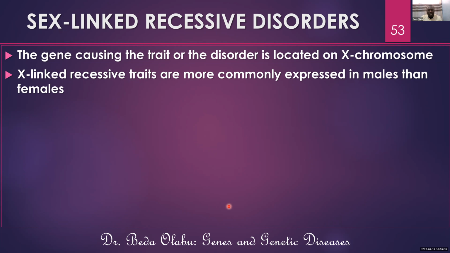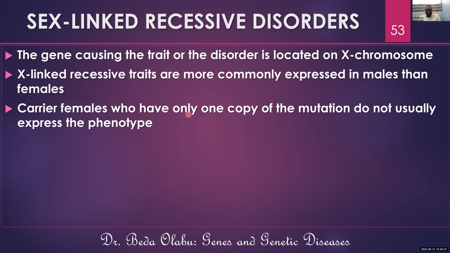You know, females will have 2 X chromosomes, and so the other X chromosome is protective. For males, as long as it is there, it will show. So it will be like a dominant trait in males, and that is why more men will have it. Females will be largely carriers. If a female has the trait, they'll be a carrier unless they get it from both parents.